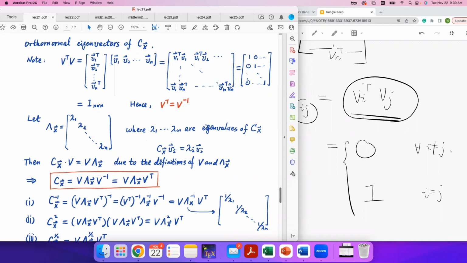Usually we do it in descending order. So lambda 1 is the largest eigenvalue, lambda 2 is the second largest, and lambda n is the smallest eigenvalue.